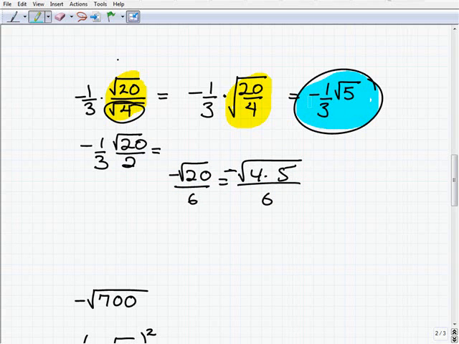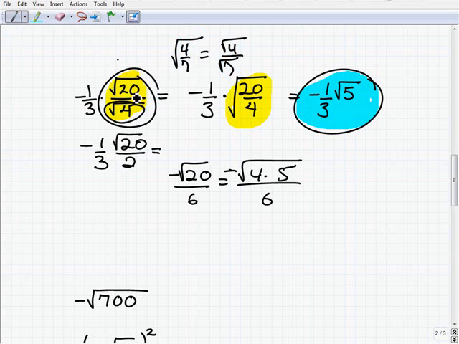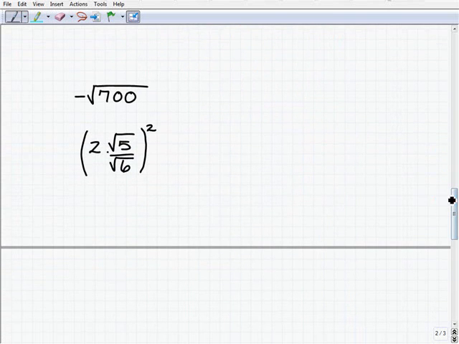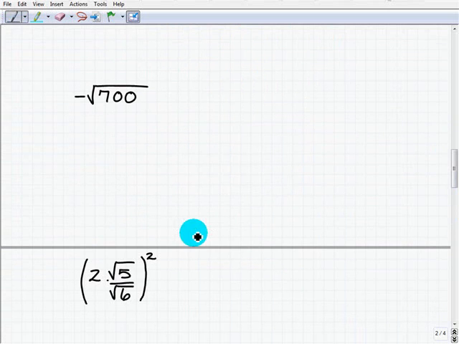The bottom line is just recognize that the properties can be applied in reverse. Instead of having a situation like 4 over 7, where you split into 2 separate radicals, you can also take 2 separate radicals and put them under one big radical. So it all depends on what's most advantageous. That's also a bit of a matter of opinion, but whatever works for you.